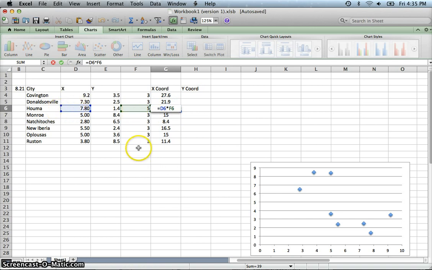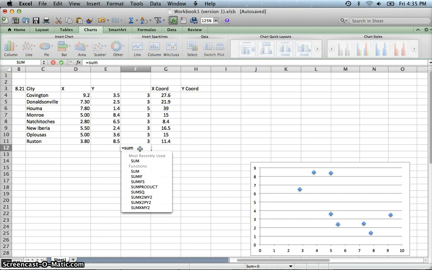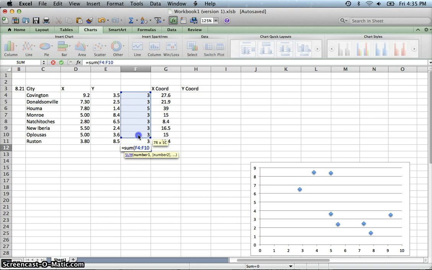Now, to figure out the final answer, we need some summations here. We've done the x times the weight. Let's figure out what the sum of the weights is. The total of the weights is that; we're going to need to know that. Think about a weighted average when you've done it in the past. You multiplied by the weight and added all those up.